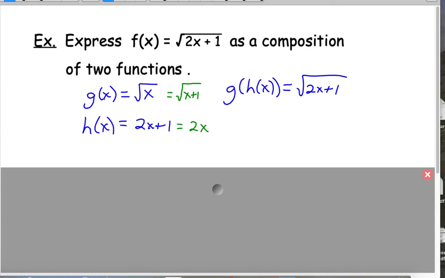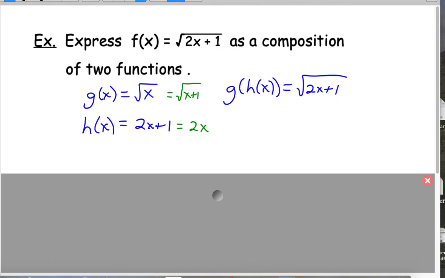Now when I did g of h of x, I'm going to do g of 2x, and then when I plug in 2x for that x, I'm going to get the square root of 2x and then plus 1. So that also works. So there's lots of ways that we can combine these. Usually one is a little easier than the others, but there's lots of possibilities.